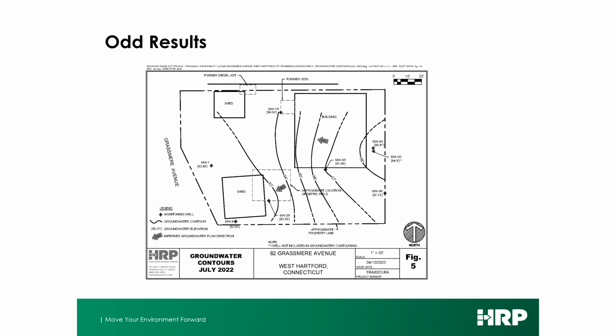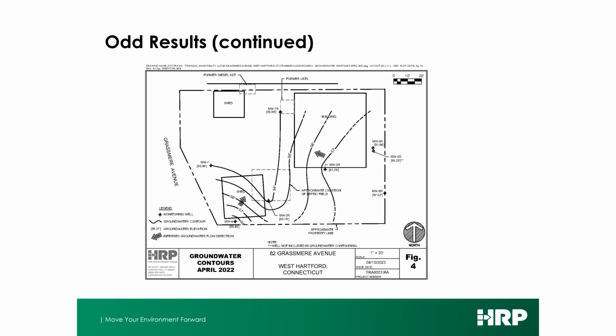But I got copies of the maps, and there's the better part of 2.5, maybe 3 years of data on this site, mostly quarterly monitoring. And almost all the time it looks just like this, a simple progression going across the site. Makes sense with the topography, makes sense with where the river is and stuff like that.